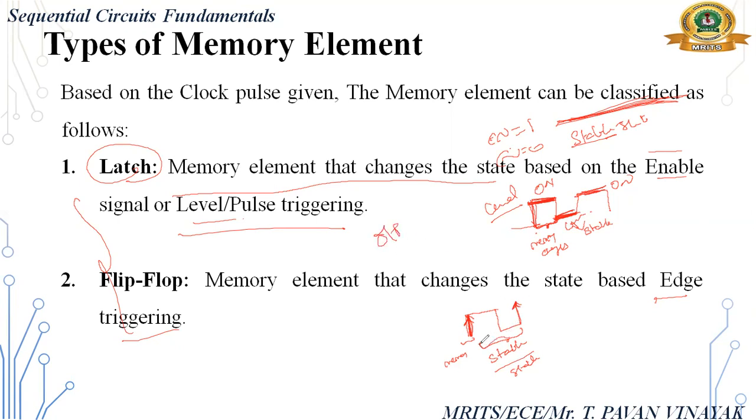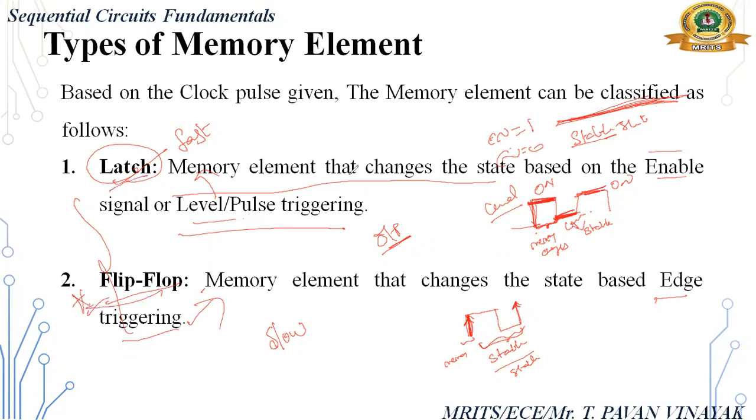It takes more time to change to the next output. In a flip flop we get output after more time, which means it is slow. The latch is fast because we use level triggering, but in a flip flop we use edge triggering.